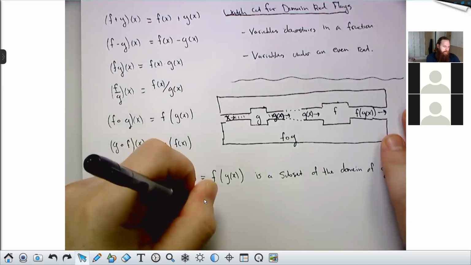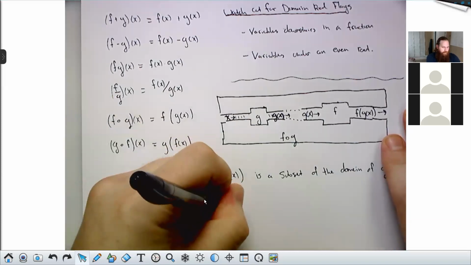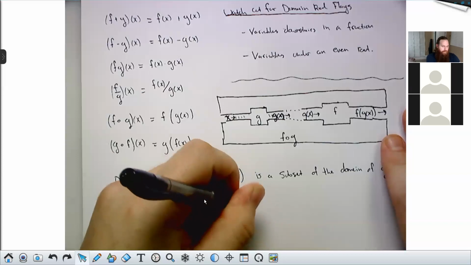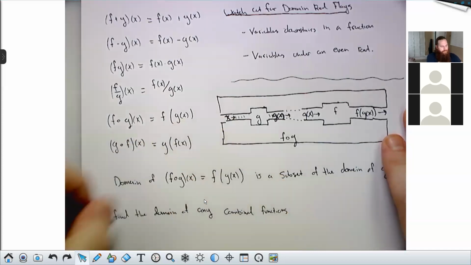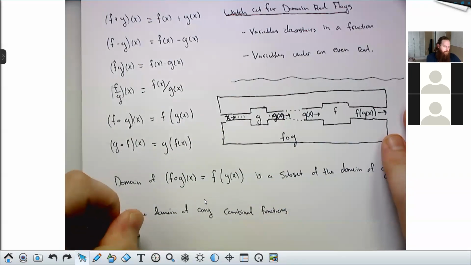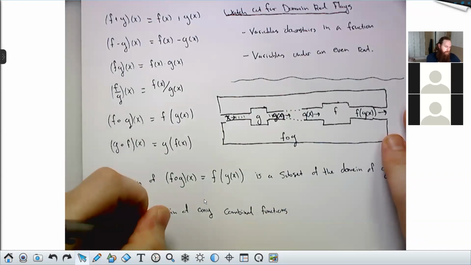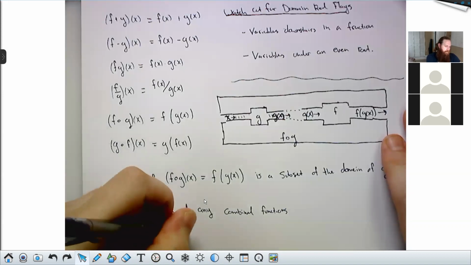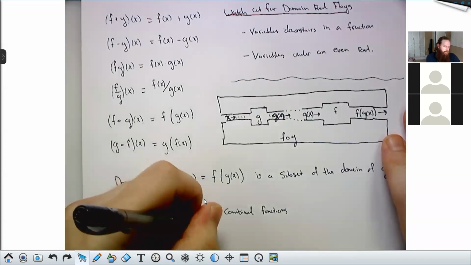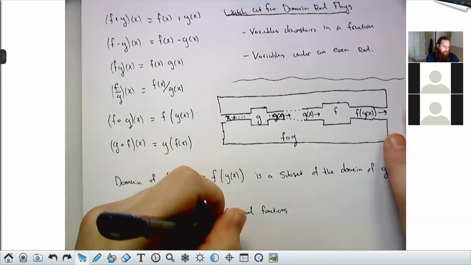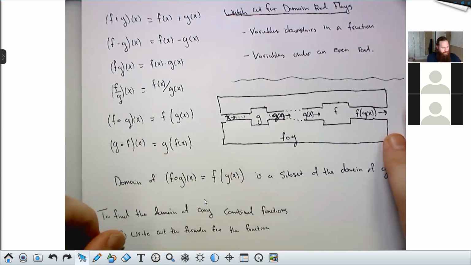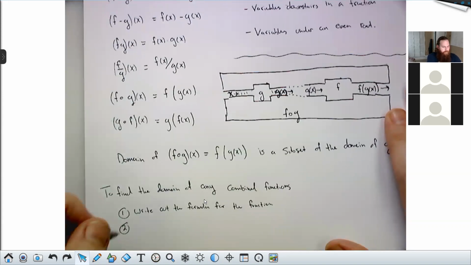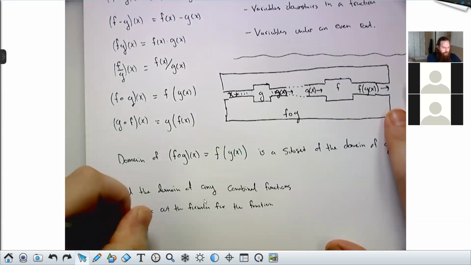So to find the domain of any combined functions, first, write out the formula for the function. It's not really a step, but I like to write it in here as a step to help remind us.